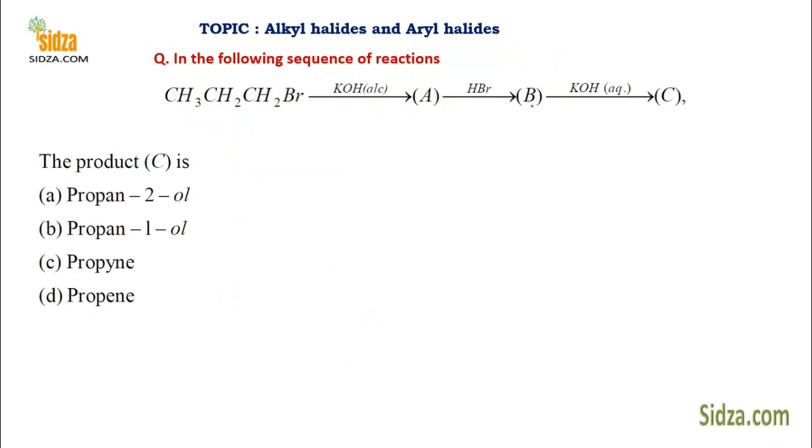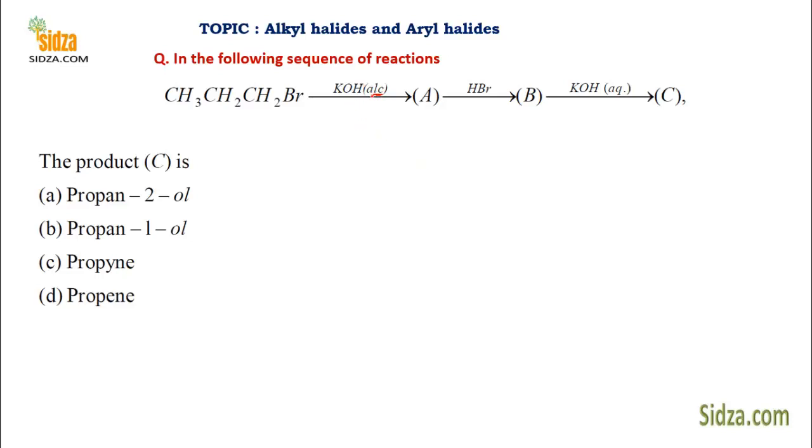Now this is a multi-step reaction. We have an alkyl halide here, and you react it with potassium hydroxide. We need to be very careful in this reaction. When you react the alkyl halide with potassium hydroxide in alcoholic medium, and the same reagent with the alkyl halide in aqueous medium, the products are totally different.